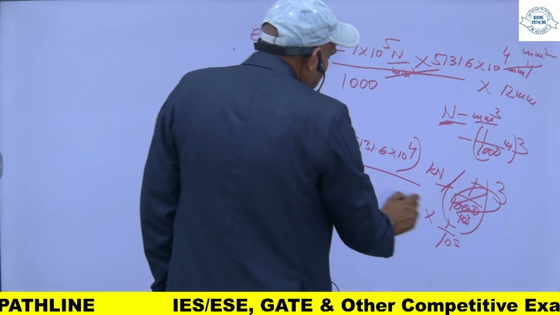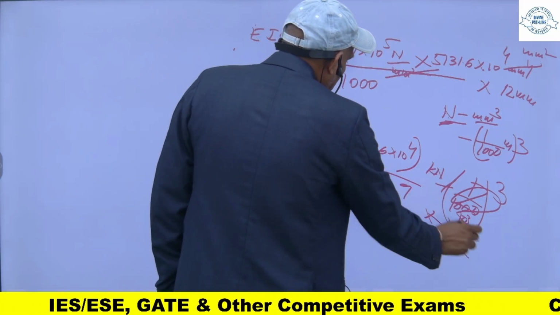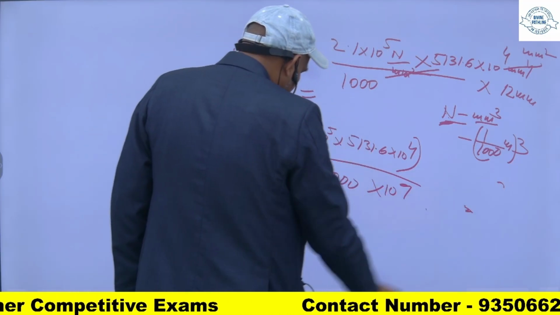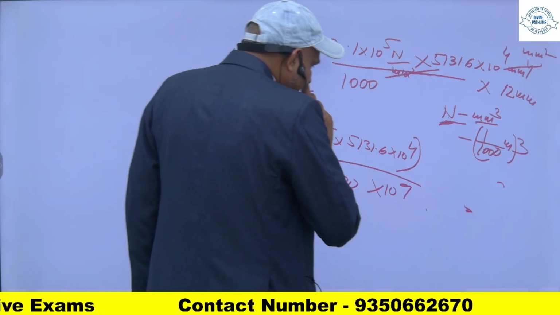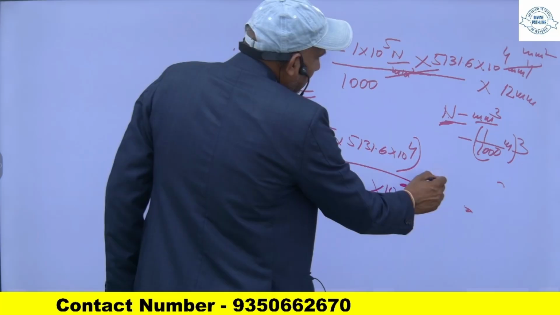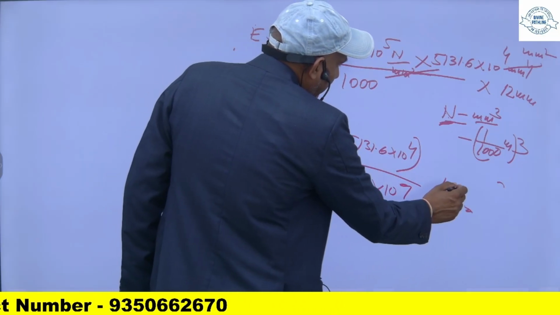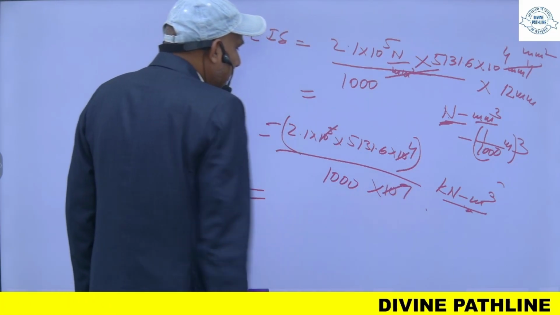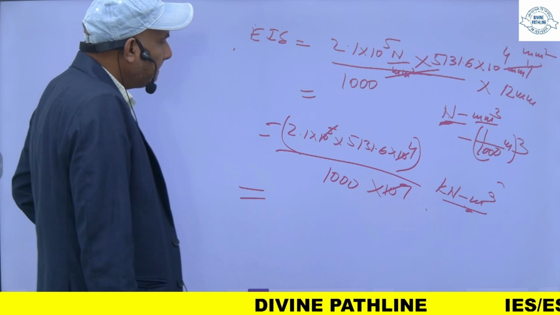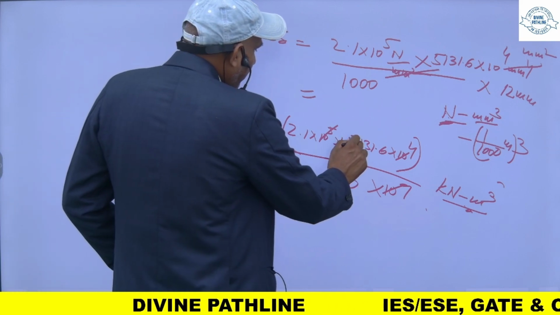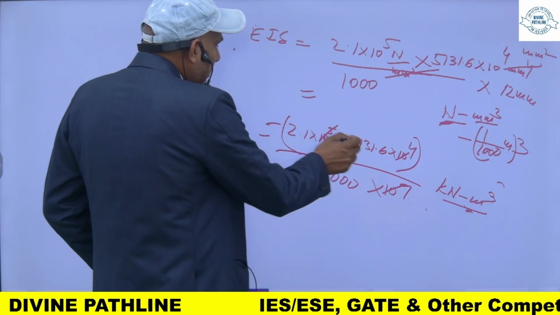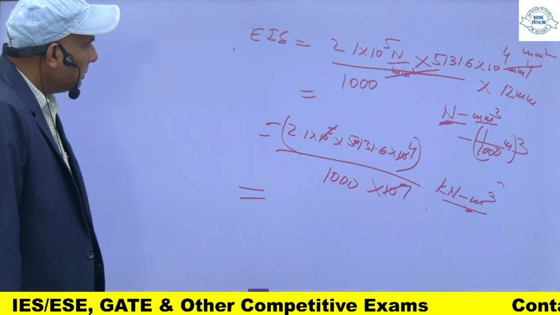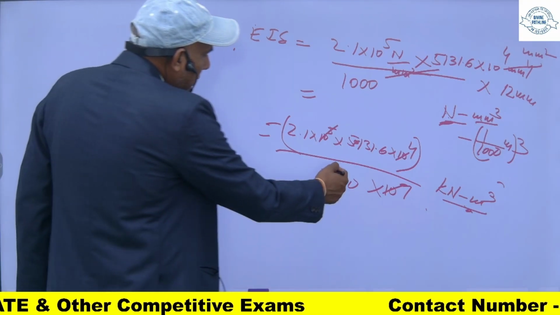So it will be, now it is in kilonewton meter cube. So this and this will cancel. So it will be 10 something.